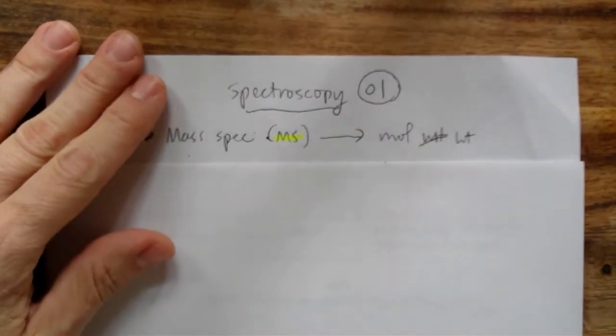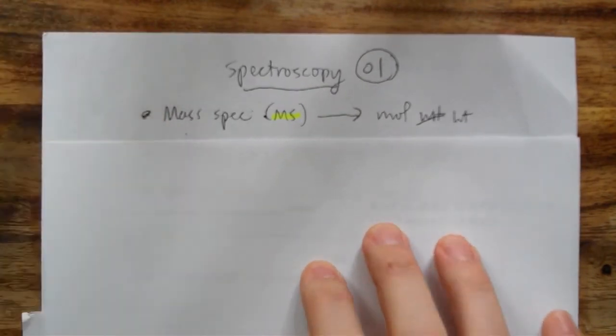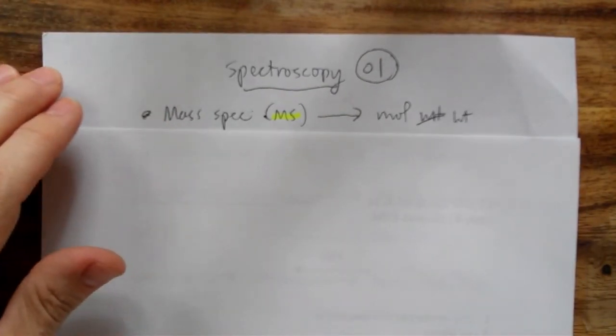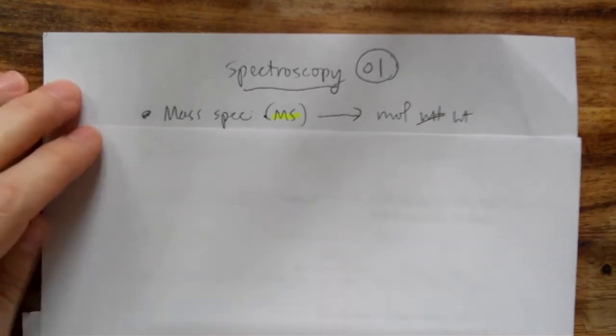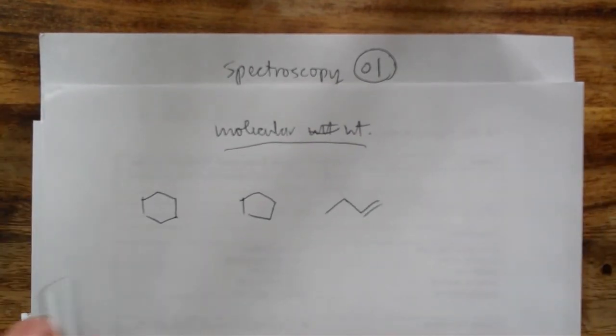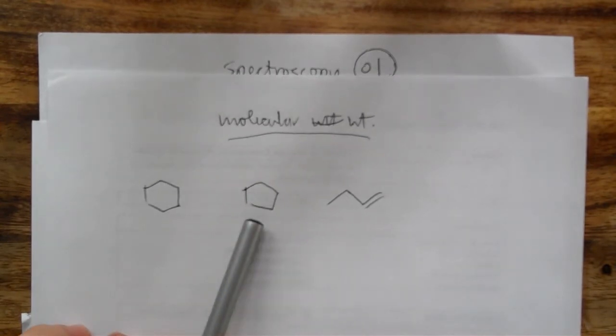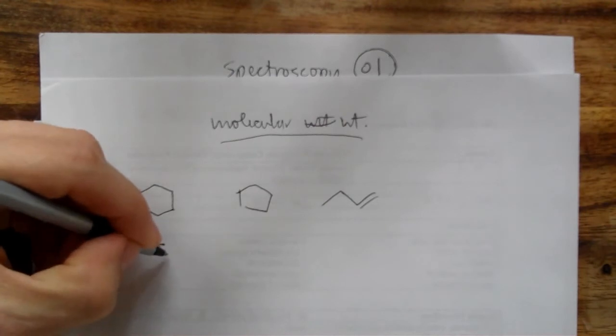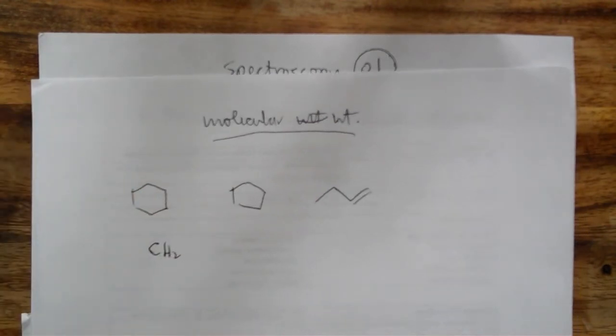Now let's go back here and talk about mass spec, molecular weight. When I say the molecular weight, of course, what could I be talking about? Let's talk about a couple of compounds that differ in molecular weight. First of all, cyclohexane and cyclopentane have the same empirical formula, right? It's CH2. That's the empirical formula for both of these.